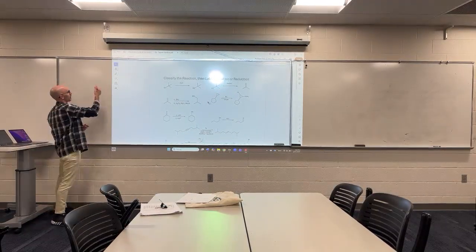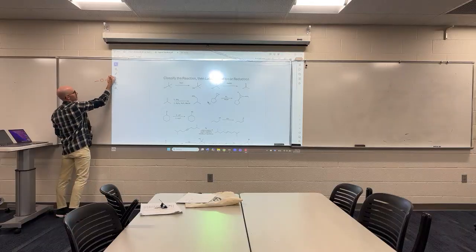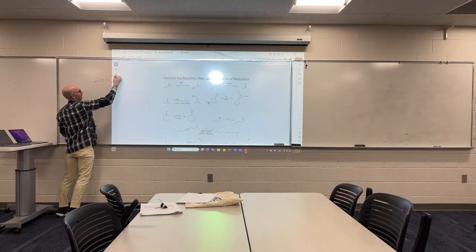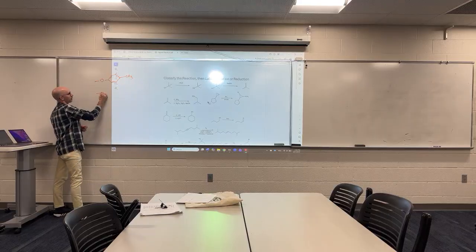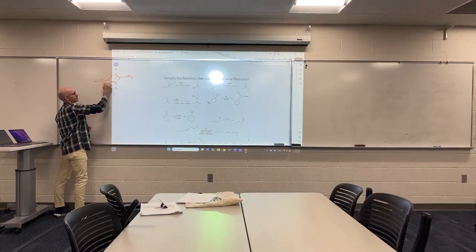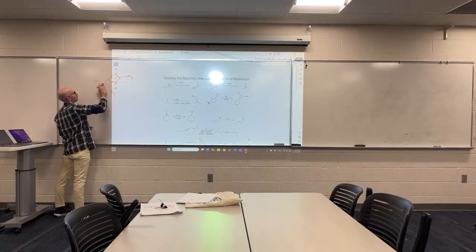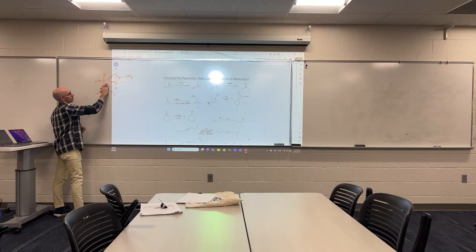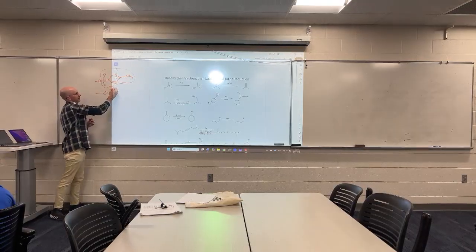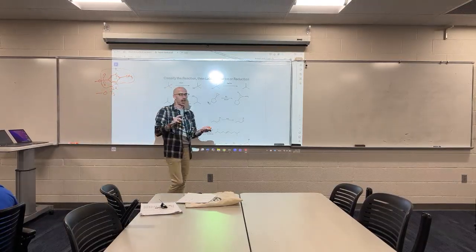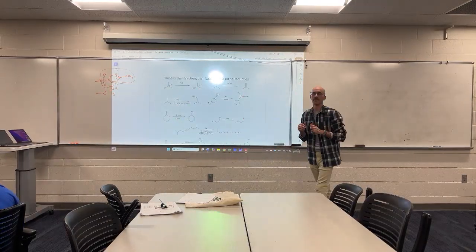We'll talk about this more in coming chapters, but rather than drawing out this structure, I abbreviated this as OTS. Oh, shoot, I forgot my sulfonyl group. I abbreviated this part of the structure as TS because it's a tosylate compound.